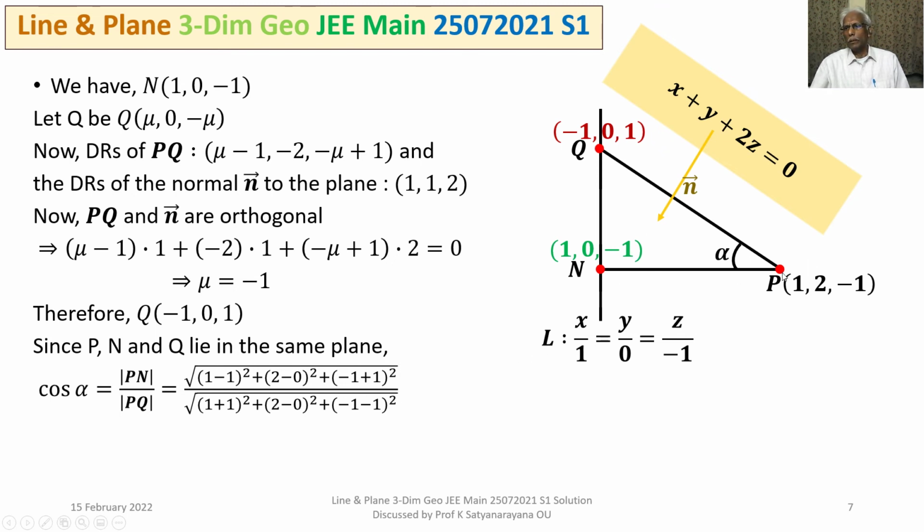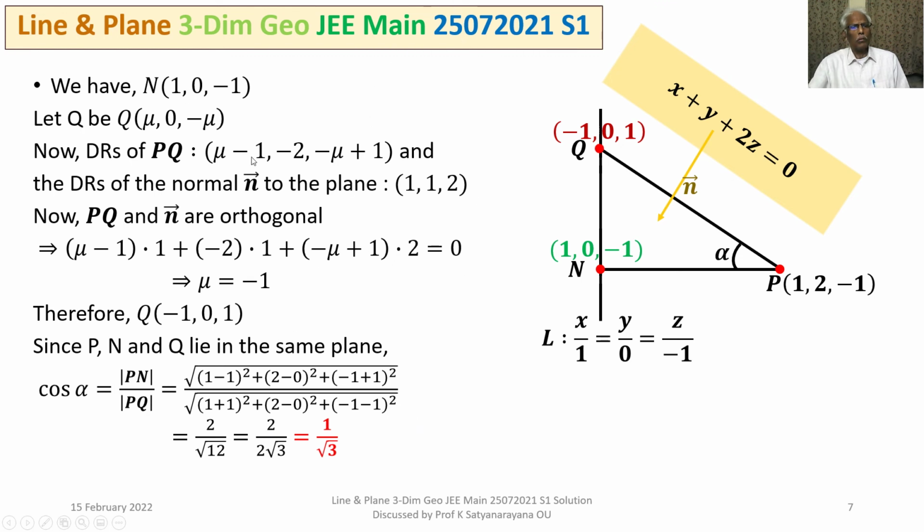And the length will be the square root of 1 minus 1 plus 1 whole square plus 2 minus 0 whole square plus minus 1 minus 1 whole square. This is what we have written. And simplifying, we will get the numerator is 2 and the denominator is under the square root of 12. That is equal to 2 by 2 root 3. 2 cancels and it is 1 by root 3.